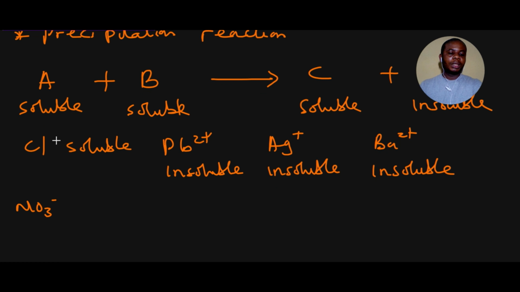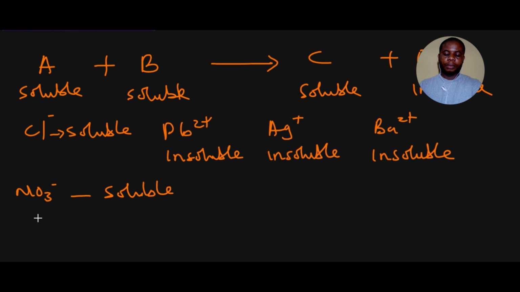All nitrates are soluble. And many others. But another one is all sodium, potassium, and ammonium salts are soluble. So anytime you come across sodium, potassium, and ammonium, they are soluble.